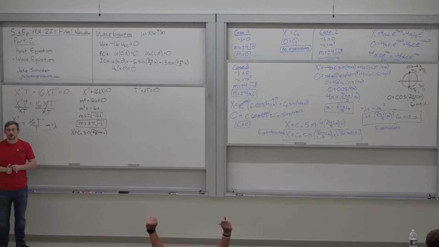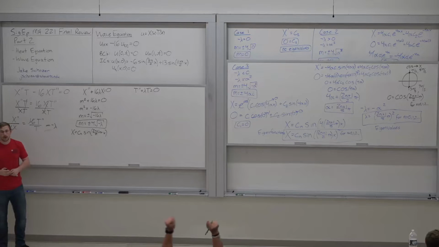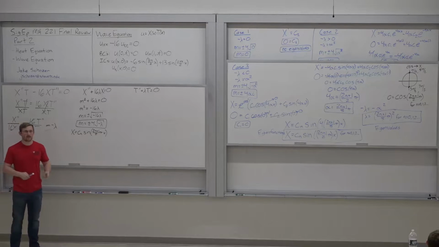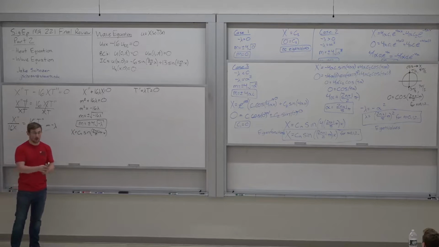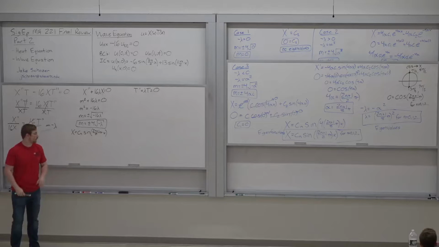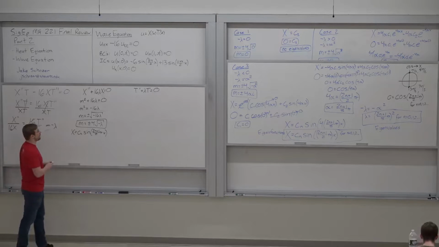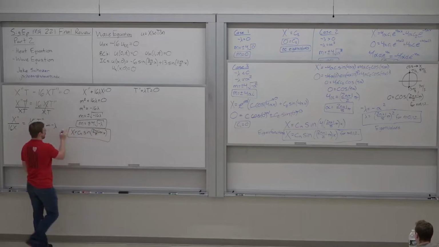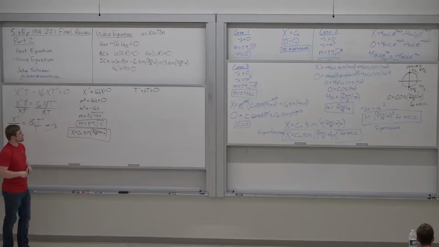So now we're halfway done. But just like when we did the first problem, halfway done wasn't really halfway done. This time we're more than halfway done with the steps of solving. But I have half of my final solution of my u is equal to capital X times capital T.